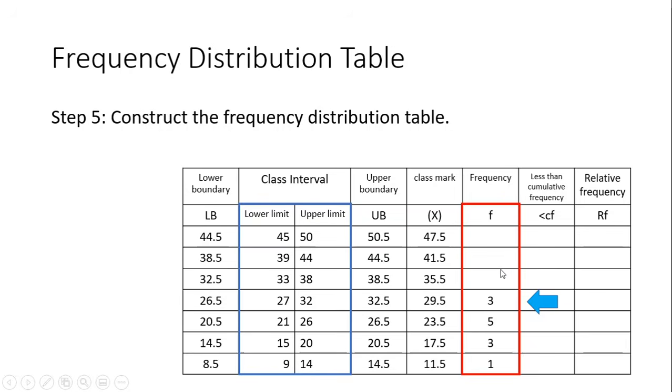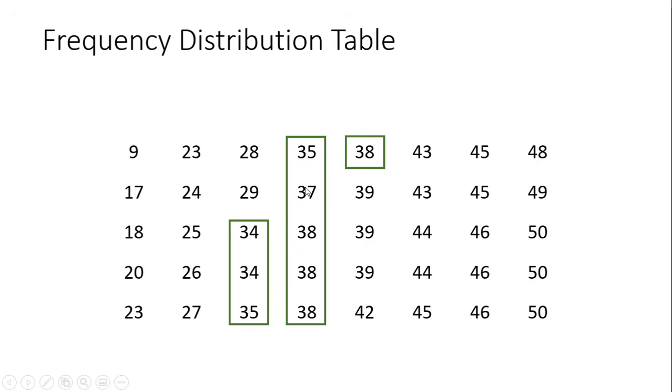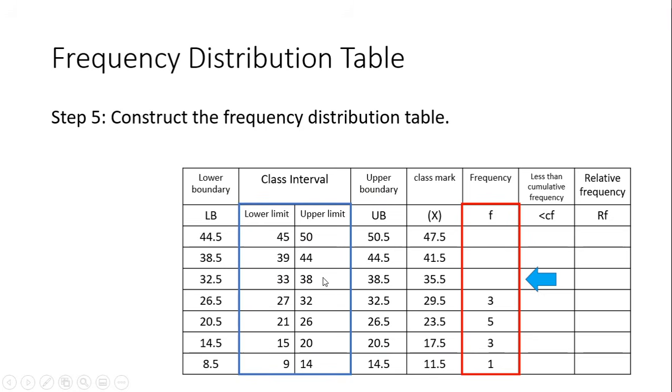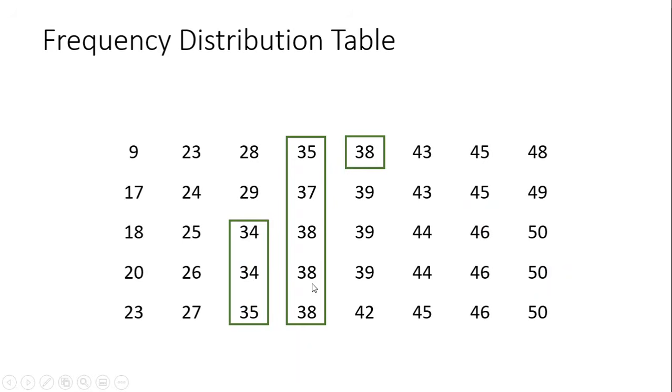Okay, so next, how many students have earned a score within the range of 33 to 38? So that's for our frequency. So you go back again to your data. We are counting the frequencies of students who got a score from 33 to 38.